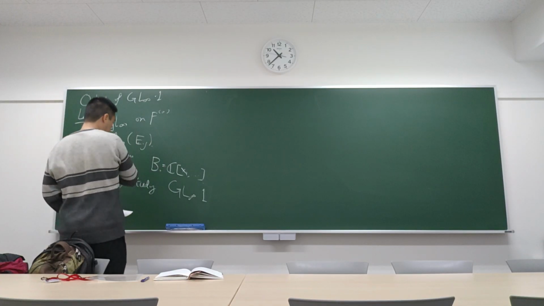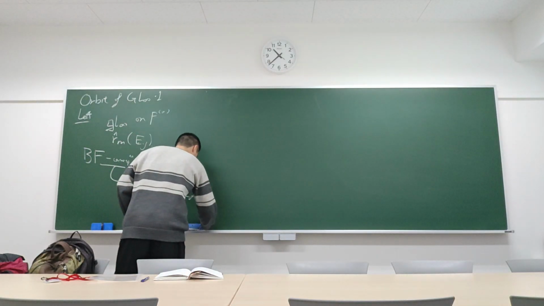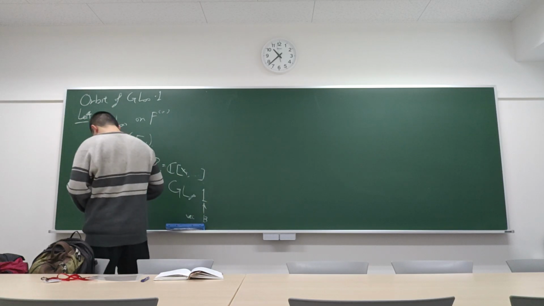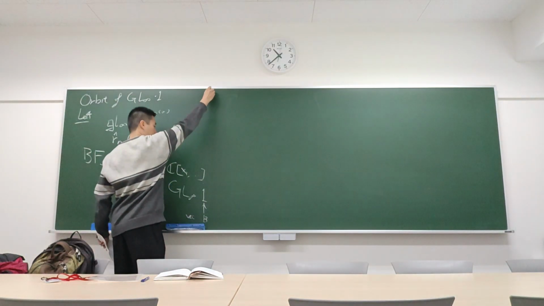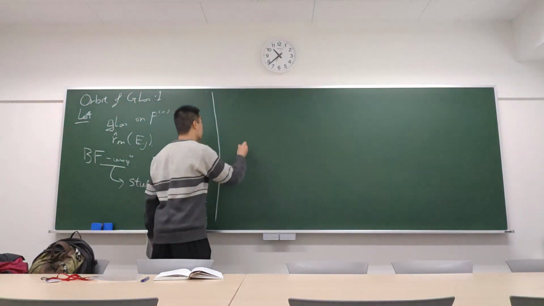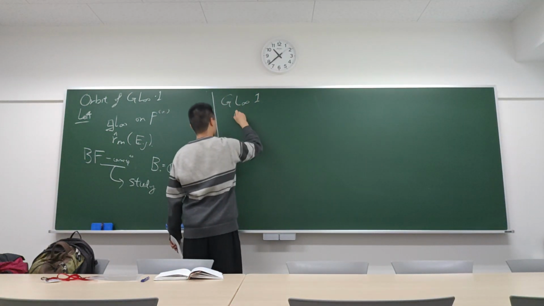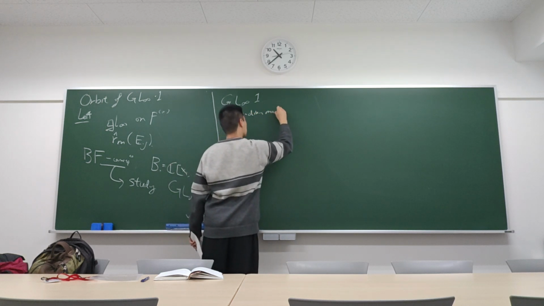So we have one here, right? This is the vacuum vector in B. So it turns out this GL infinity orbit is an infinite dimensional manifold.